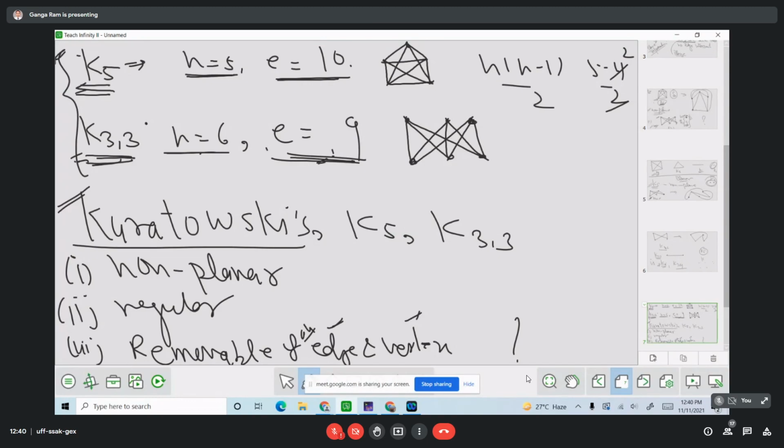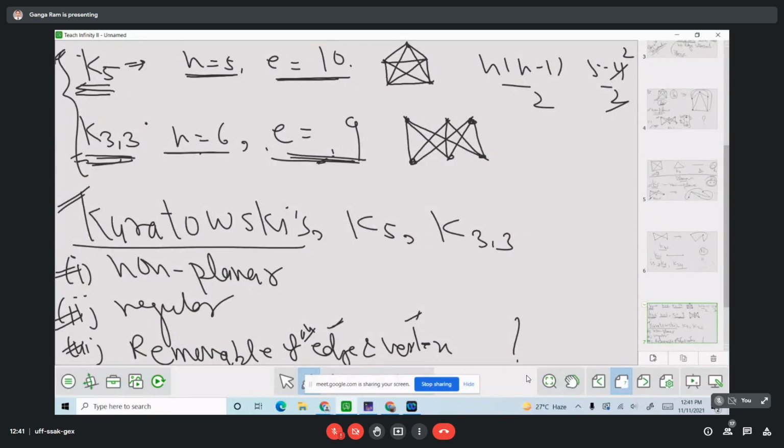Okay, so I think the first property is clear: both Kuratowski graphs are non-planar and both are regular, and if we remove any edge or any vertex from a Kuratowski graph, the resulting graph will be a planar graph.